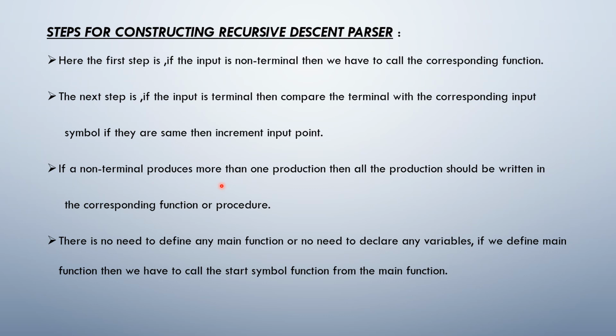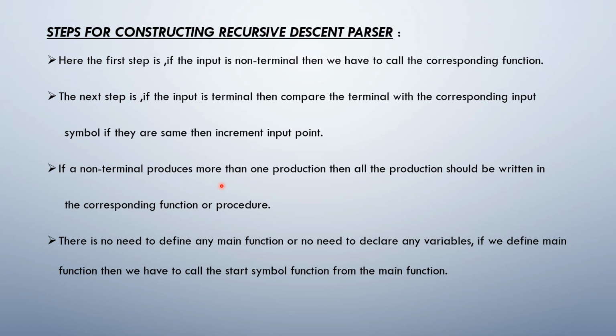The third step: if a non-terminal produces more than one production, then all the productions should be written in the corresponding function procedure.